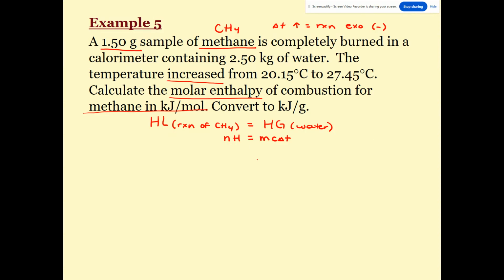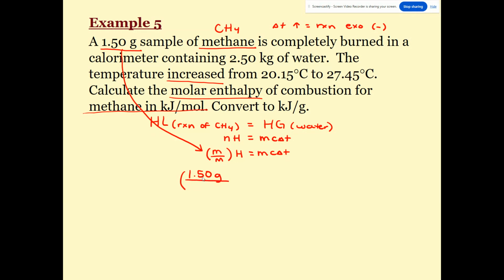Okay? My N I'm going to find with mass over molar mass because I have a mass this time, not a concentration and a volume. So the mass of the methane is given in the question. It is 1.50 grams, and I need to divide by the molar mass of methane.